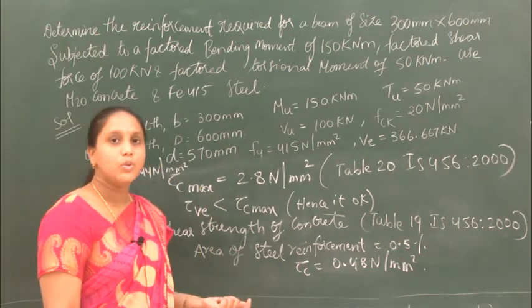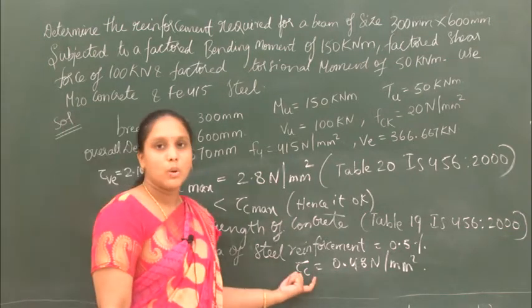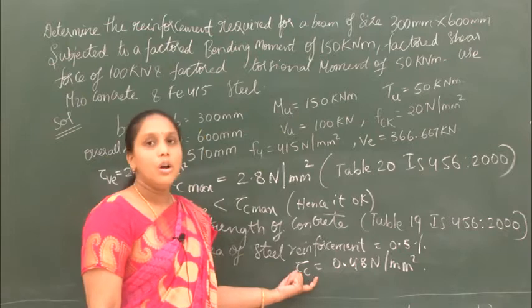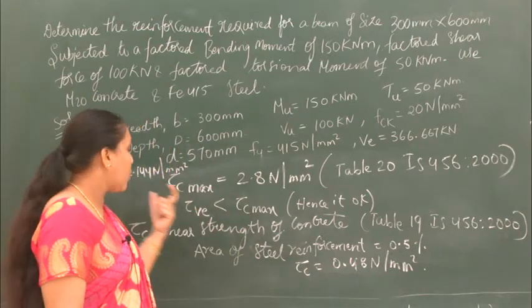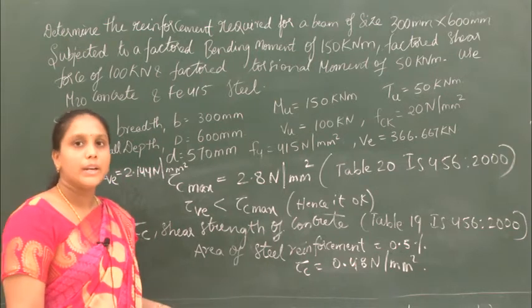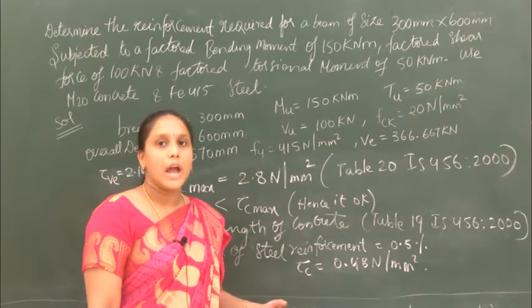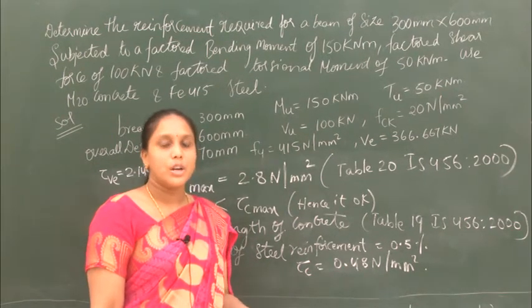Now what we have to do is compare the tau E value and the tau C value. Based on these two values, we will know whether we have to provide the minimum or nominal reinforcement, or we have to design for the torsional reinforcement.